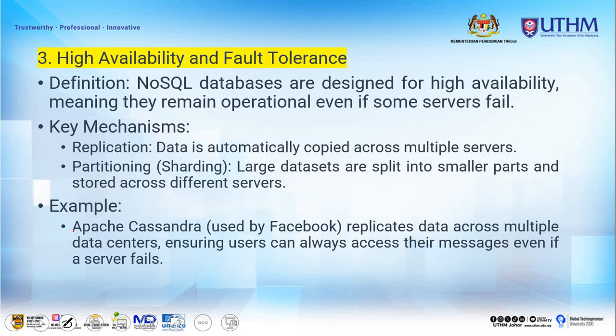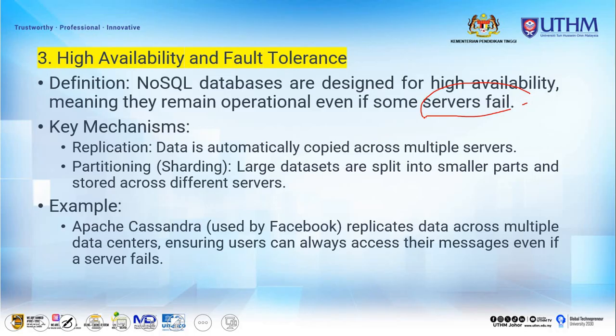So the third characteristic: high availability and fault tolerance. Definition: NoSQL databases are designed for high availability, meaning they remain operational even if some servers fail. This is what I mentioned just now. If any of the servers fail, they are still in operation because they have multiple servers connected.